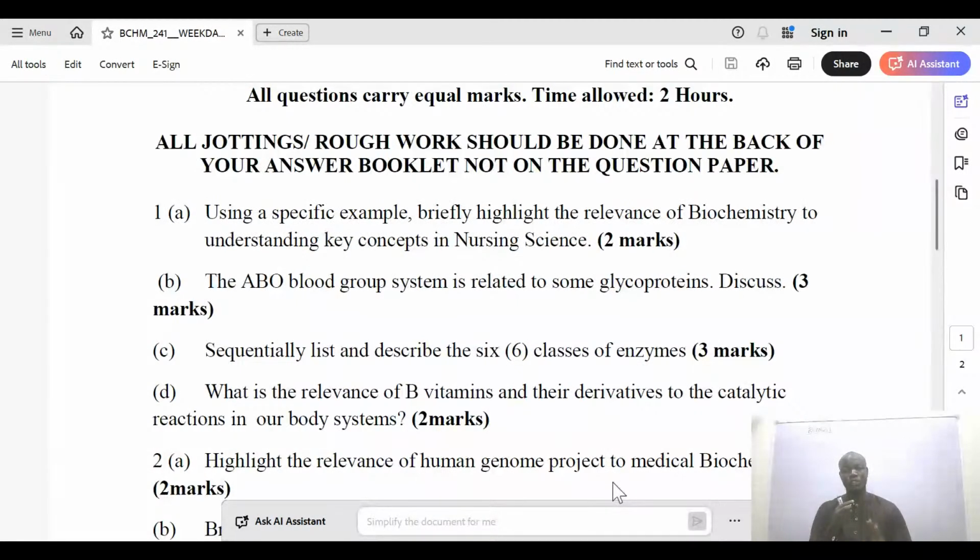I want us to follow these questions one after the other so that we answer all the questions together. They are very key questions, and we are going to take a lot of our time today to look at some of these questions from beginning to end. So, my first answer, okay, I care for patients.